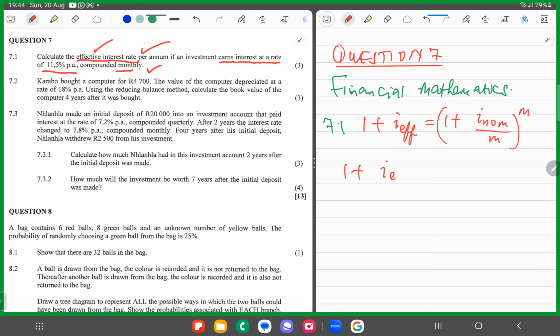1 plus I effective equals 1 plus 0.115 divided by 12, because it's compounded monthly and there are 12 months in a year, and you raise this to 12.